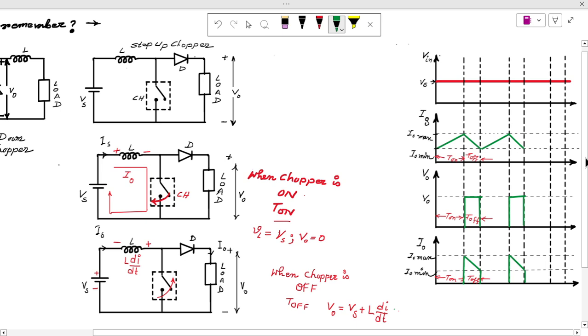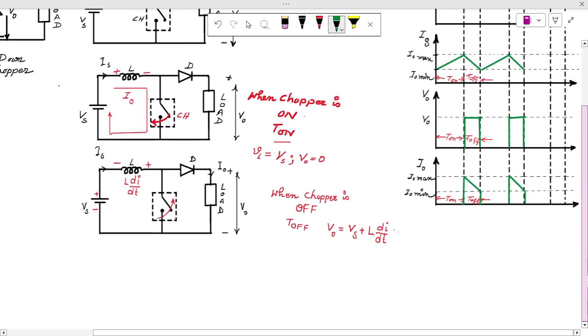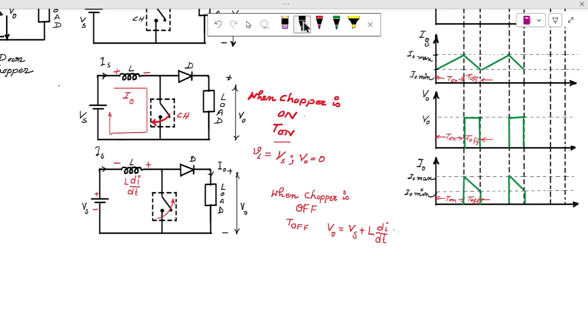Now I will discuss some derivation, the value of duty ratio or output voltage. Before the discussion, we consider that when this operation is going on, there will be no energy loss.